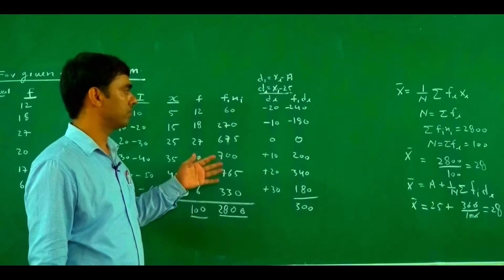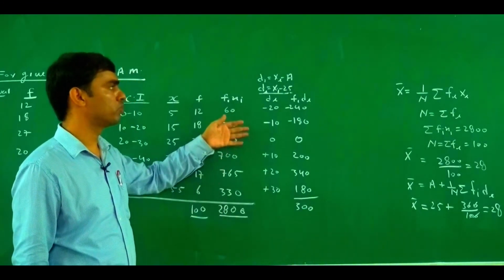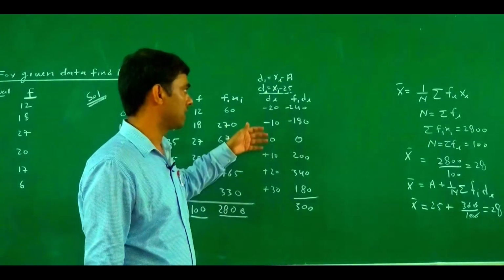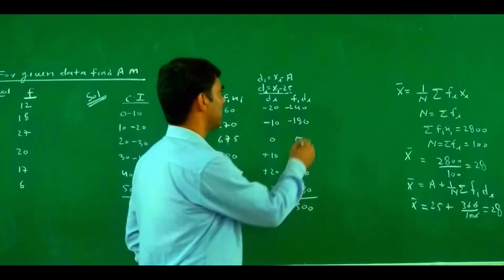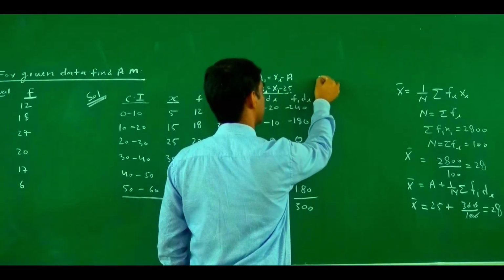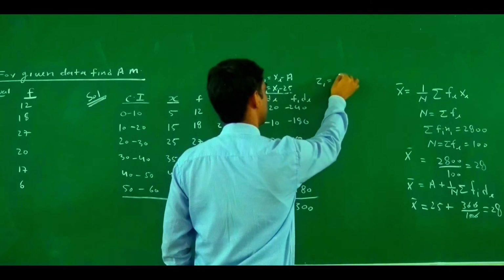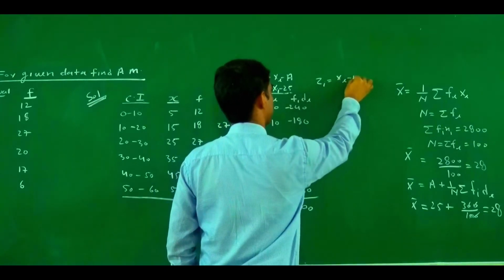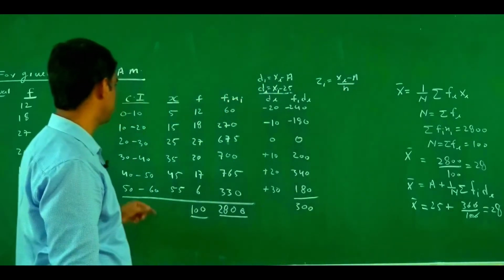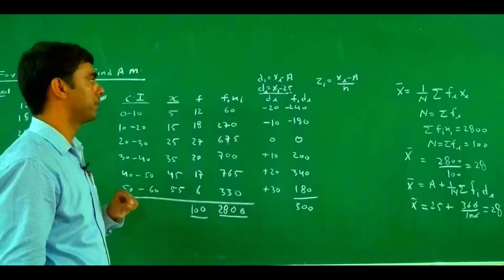This calculation may become easier and take less effort if we take zi equal to xi minus a, divided by h. What is the h here? The class interval is 10.